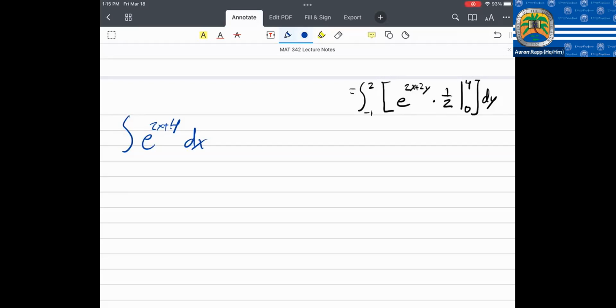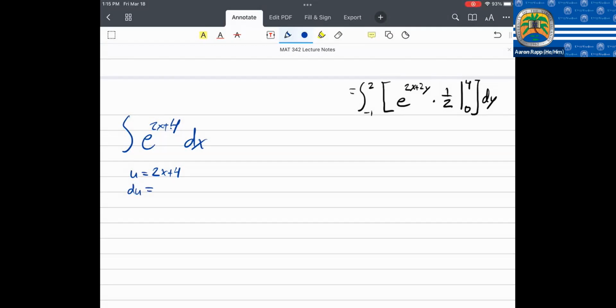So I'm going to take that exponent and substitute it for u. That's what my exponent is. Then, what happens if I take the derivative with respect to x?